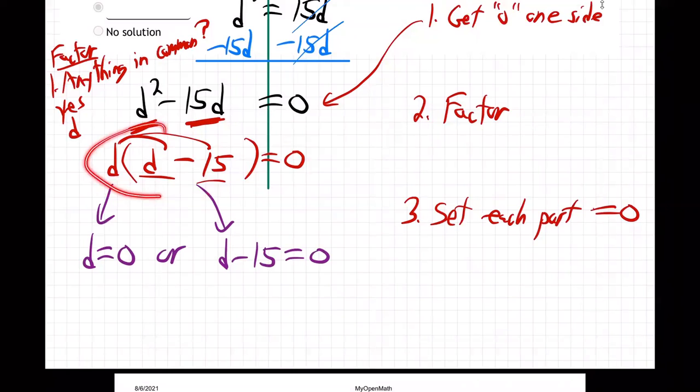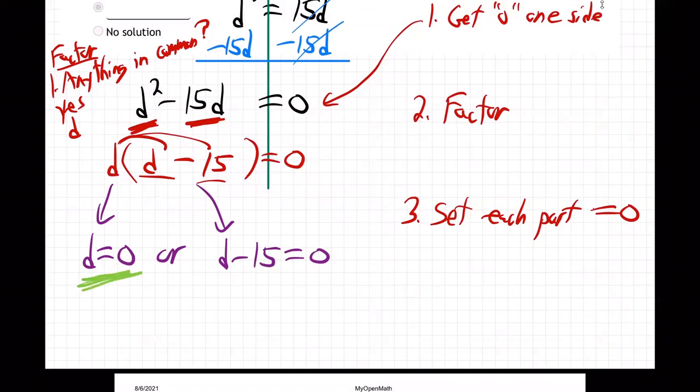So if the whole big expression, which has 2 parts to it, is multiplying to equal 0, well, that means the first part can be 0 or the second part can be 0. That's just logical, right? If 2 things are multiplying to come out 0, well, either one of them can be 0, right? Because 0 times anything or anything times 0 is 0. So the first one can be 0 or the second one can be 0.